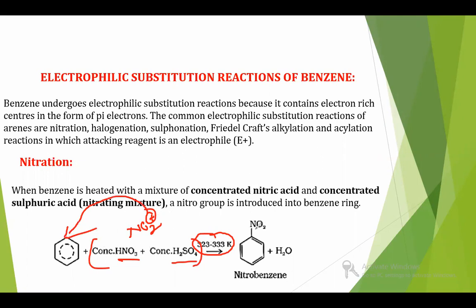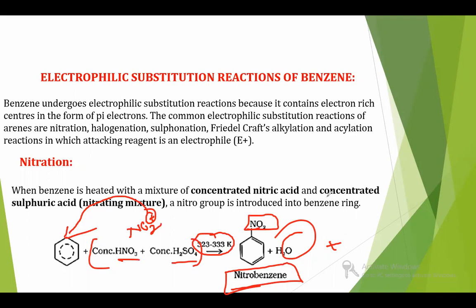Hydrogen is replaced, which gives C6H5NO2. This is called nitrobenzene, along with the formation of water. The hydrogen and the rest form NO2 plus, the nitronium ion, and H2O.